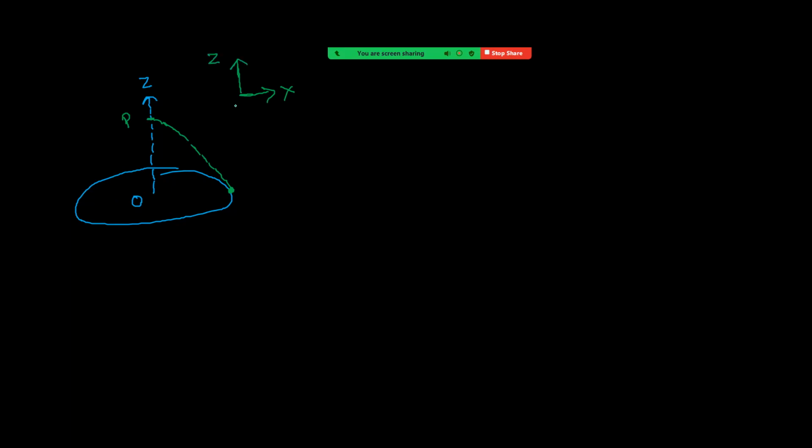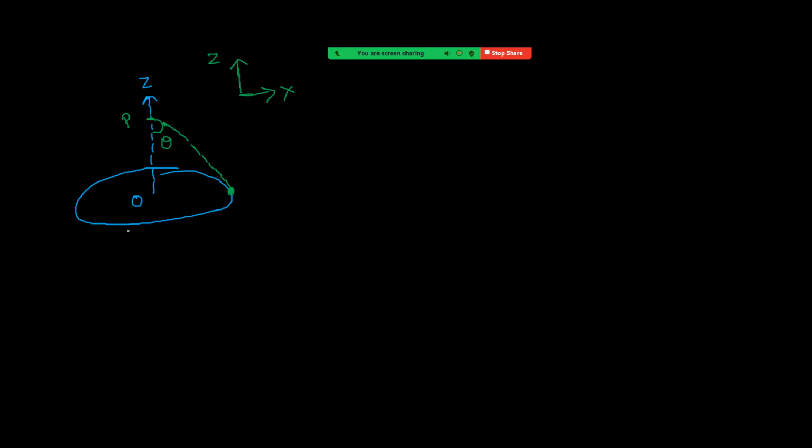That means y is into the board. Let us take the string makes angle theta with the z-axis at one instant. This is now the location of the point, and velocity is into the board.